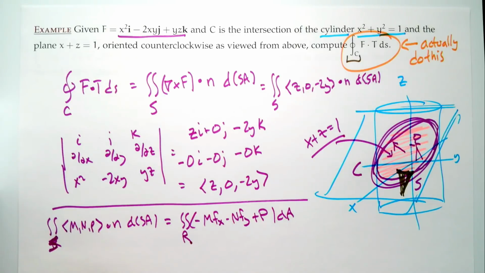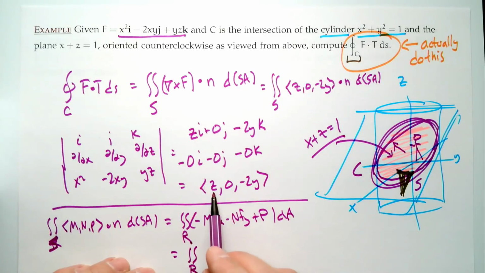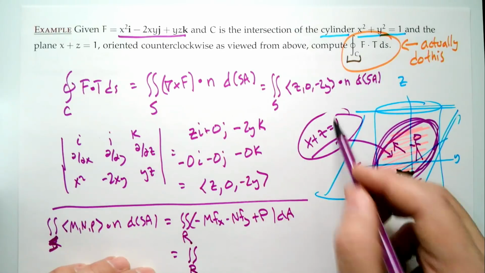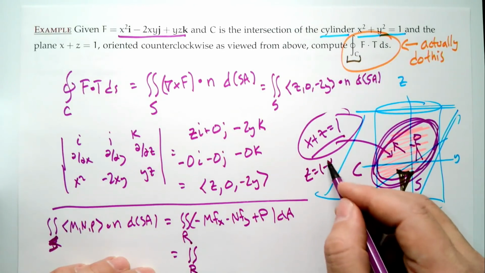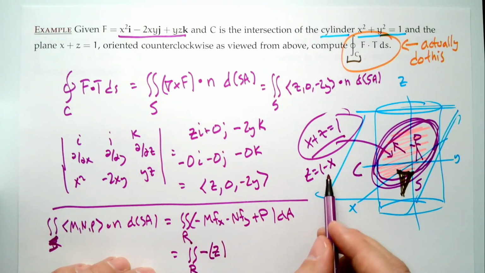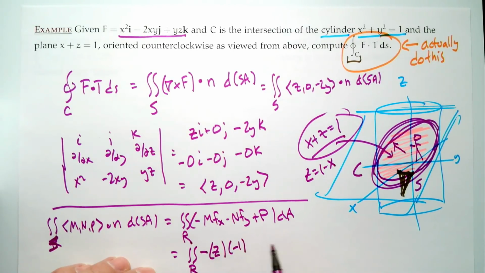So if we do that, this will be the integral over our region in the plane. M is, well, what's our surface? It's here. So our surface is z equals 1 minus x. So we're going to get minus M, which is z, times f_x, which is minus 1, minus N, which is 0, times f_y, which is 0, plus P, which is minus 2y, dA.